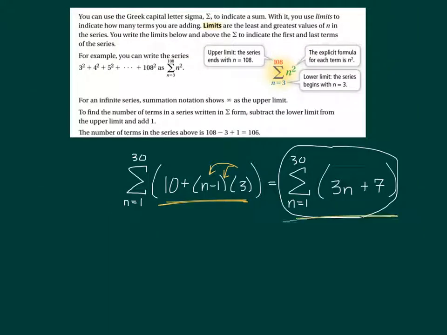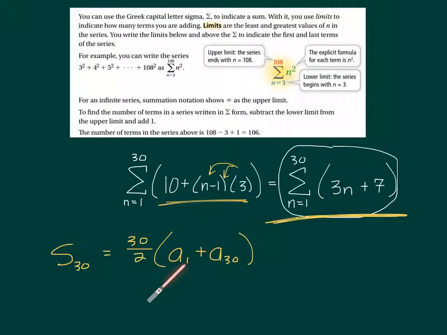If you are given this, and you're asked for that sum, what do you do? Because we remember that our formula for the sum of the first, in this case we know it's 30 terms, because we know we're going from 1 to 30. The sum of the first 30 terms is 30 over 2 times the first term plus the 30th term.